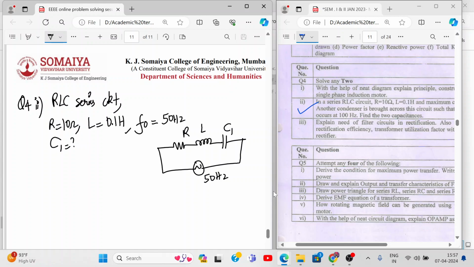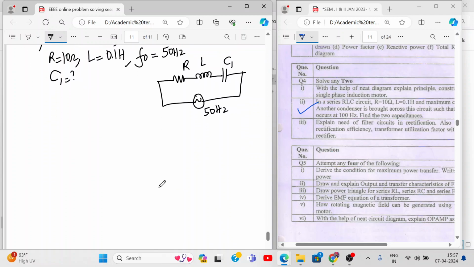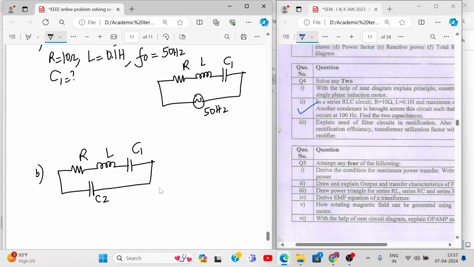Then they are saying in the second part that now with this value of C1, in part B you have this RLC circuit, you have this capacitor, now add another capacitor which is C2. This was C1, L and R. And why do that? Let us see.